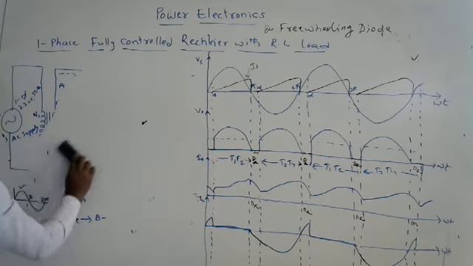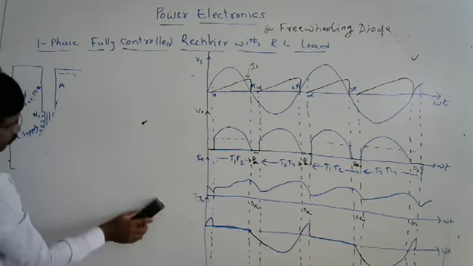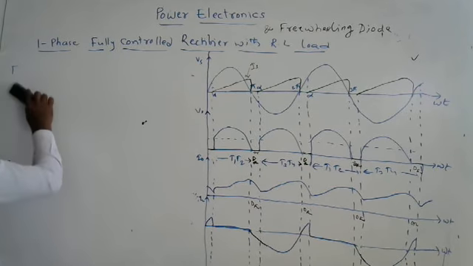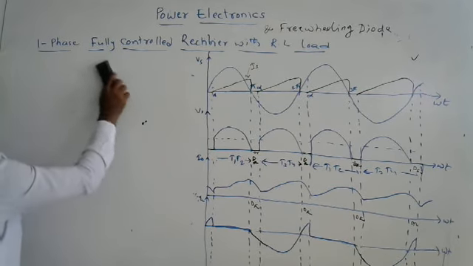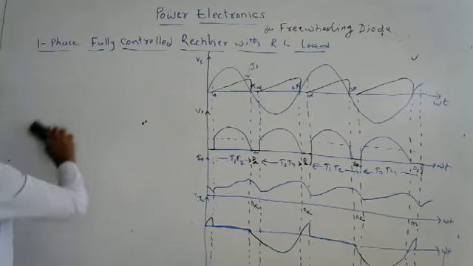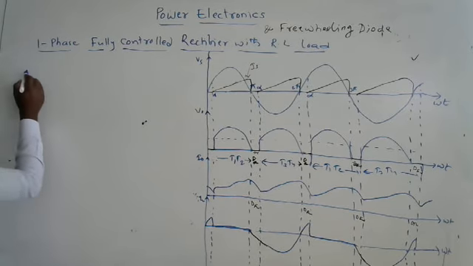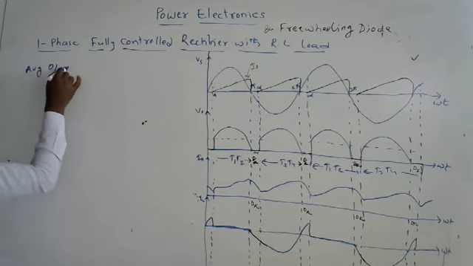Right. So this connection is very important to analyze the RL load, and RL load is the same as the R load if you are connecting one freewheeling diode across the RL load. First we'll see the average output voltage. What is the equation?